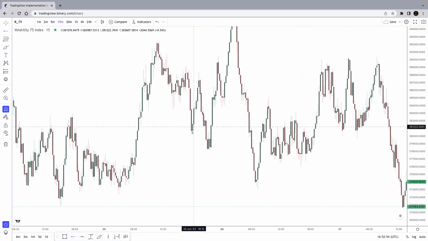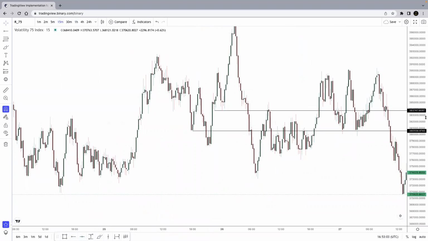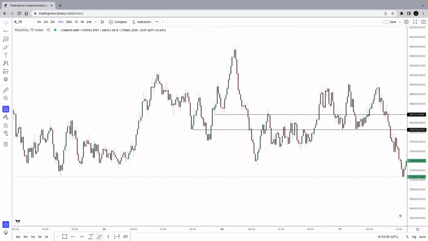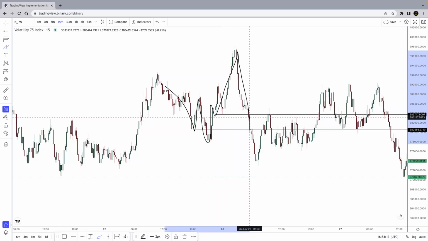We have our first hidden invalidation, and we have our second hidden invalidation right here, whereby price made some lows at a high. We had a high, we had a low. We came to break structure. Then price came to respect our second hidden invalidation. That's when we had this pullback right here.